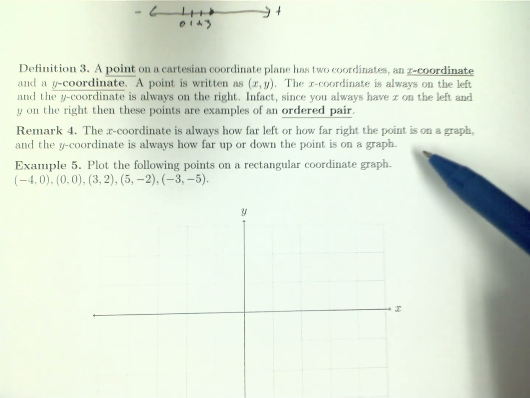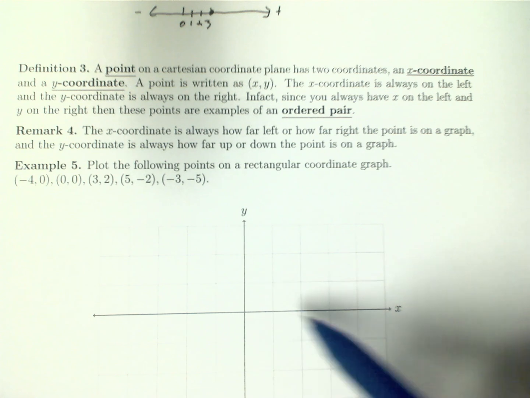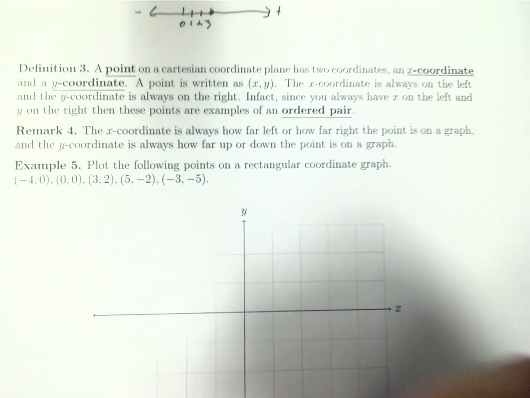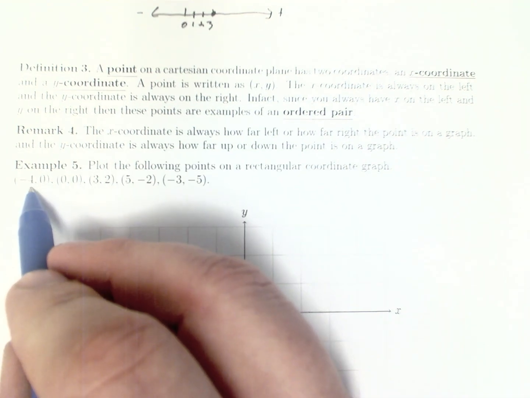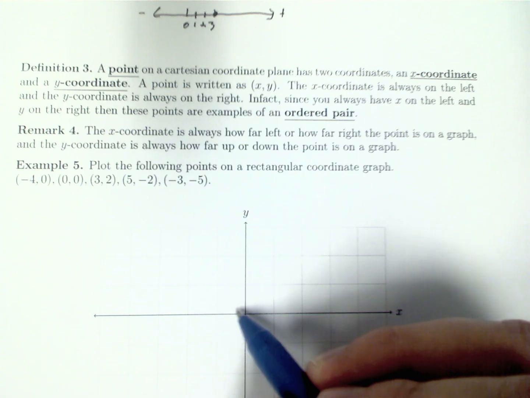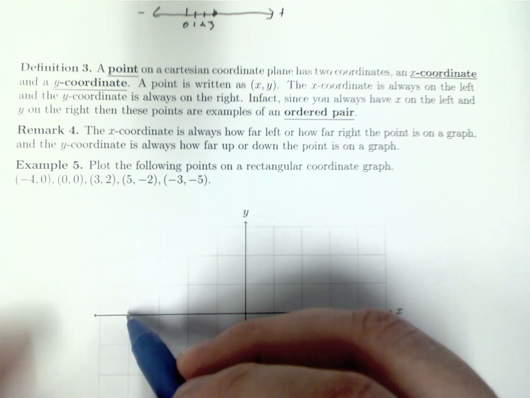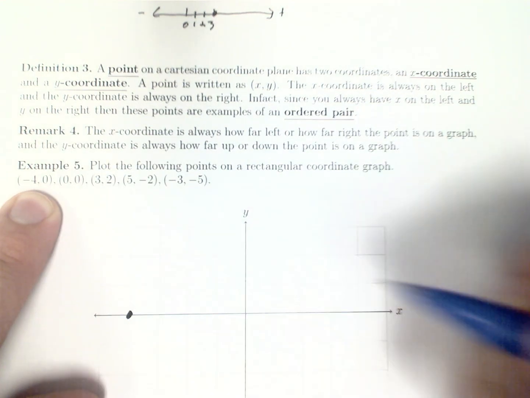Typically we start at the origin, which is known as 0, 0, when we count left or right. So let's plot the following. Let's start with negative 4, 0. This says go left 4. Starting at 0, 0, go left 4: 1, 2, 3, 4. Then we don't move up or down at all. So our point would be right here.